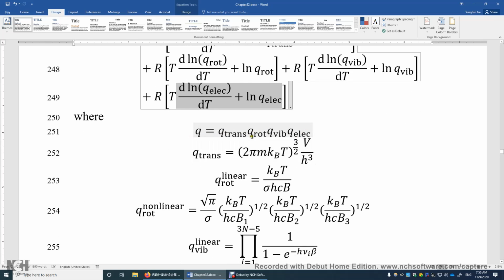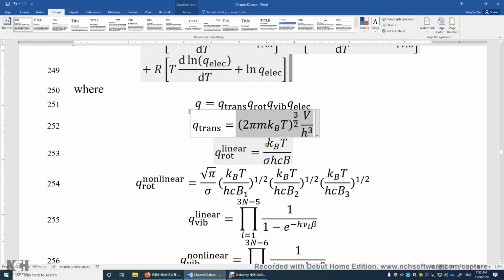Now let's review the expressions of those partition functions. This is the translational partition function. It's proportional to temperature to the power 1.5. It's also proportional to volume. This is very important for the translational entropy. This is the rotational partition function for linear molecules. This is the rotational partition function for nonlinear molecules.